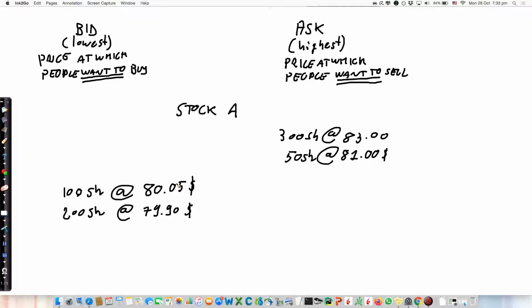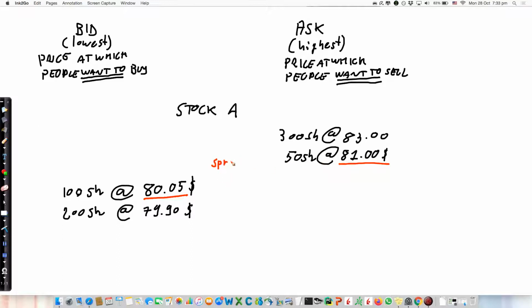Now, as you see, the buyer that wants to pay the maximum amount of money is this guy, and he wants to pay no more than 80.05. But these guys here, they want to sell at no less than 81. So of course there is a spread of how much?